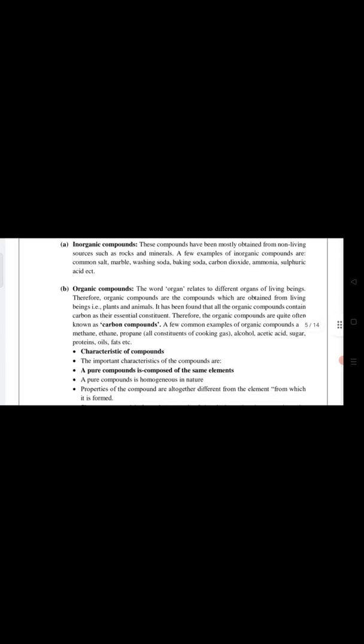Therefore, organic compounds are obtained from living substances, for example plants and animals. It has been found that all the organic compounds contain carbon as their essential constituent. In all the organic compounds, carbon should be present. Therefore, the organic compounds are quite often known as carbon compounds. A few examples of organic compounds are methane, ethane, propane, alcohol, acetic acid, sugar, protein, fats, etc. They all are called organic compounds.